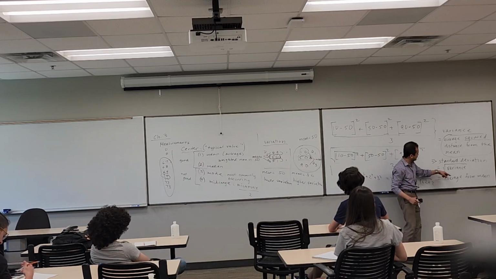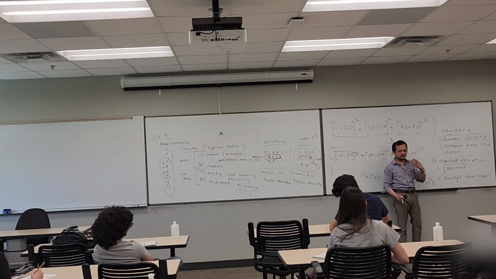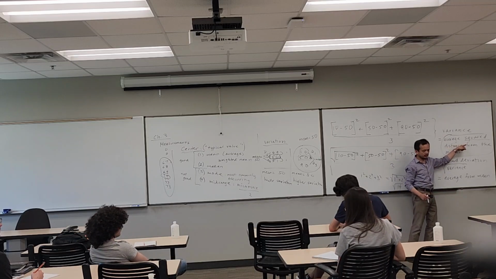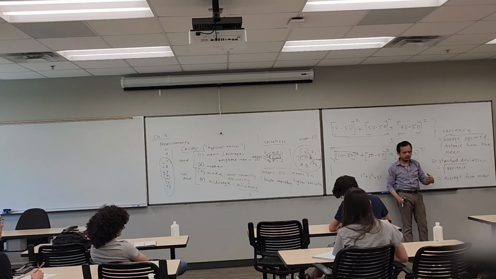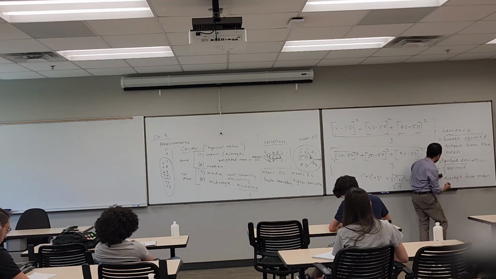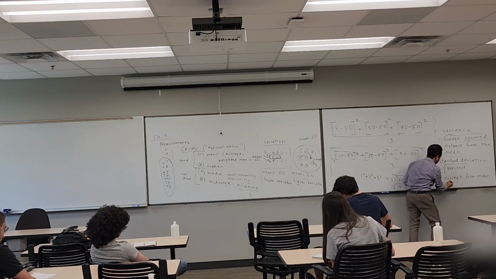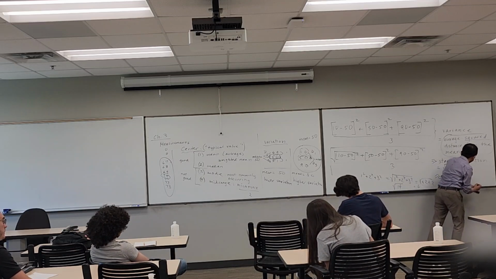So that's why when you take the square root of this average square distance, you're not going to get exactly the average distance from the mean. You're going to get approximately the average distance from the mean.